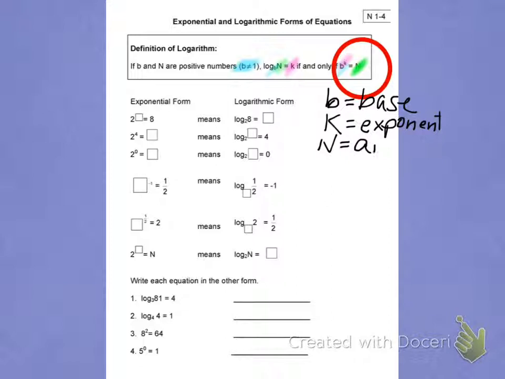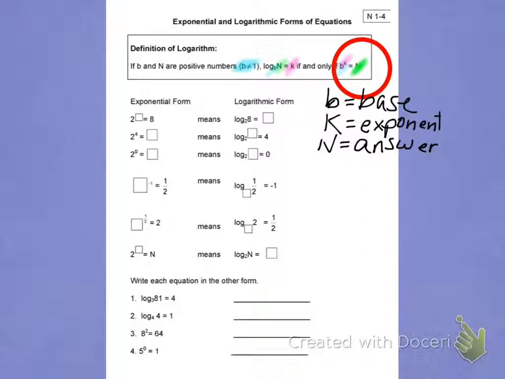Now there are probably more formal terms that you would use for that. But the main thing I want you to notice is where they are in both equations. That's the important part. Where they are in these equations, and then we're going to go back and forth.